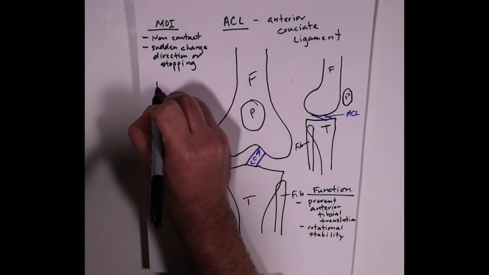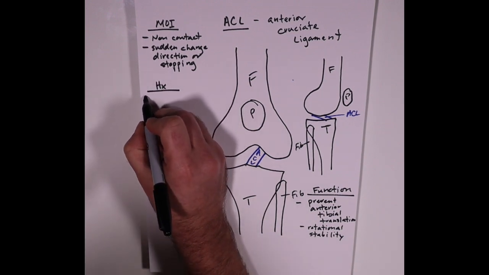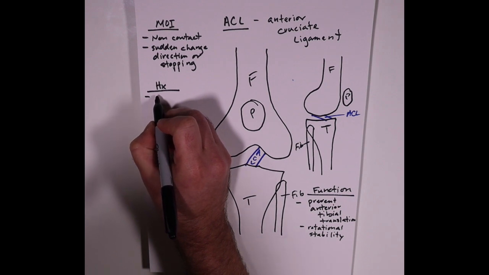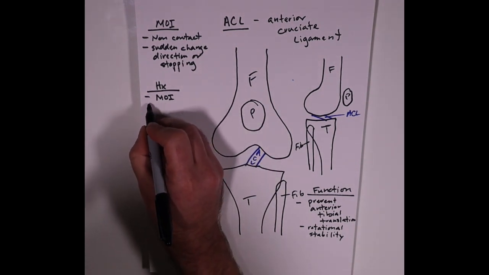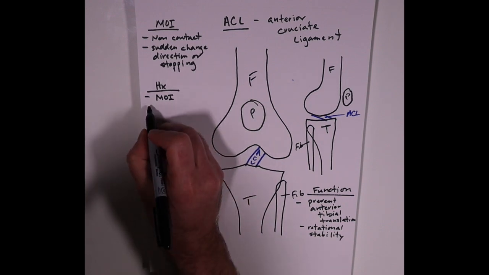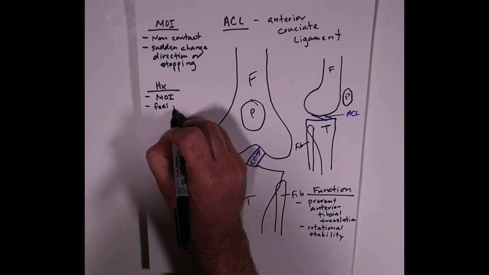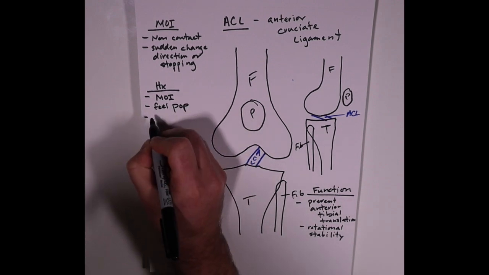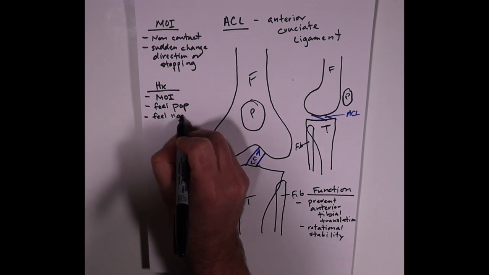So when it happens, how is this patient going to present? So they'll usually give the appropriate history of injury or mechanism of injury. So they had a mechanism of injury that fits the injury. And it involves a sudden change in direction or stop. Most frequently, patients will feel a pop. They will feel as if the knee gave way.